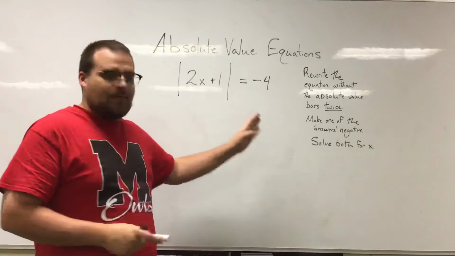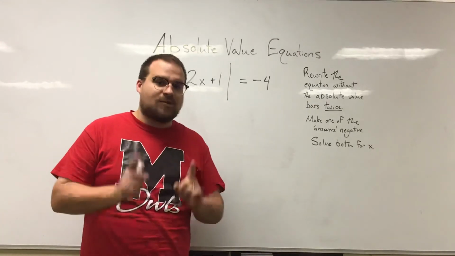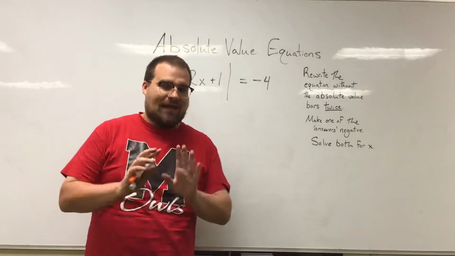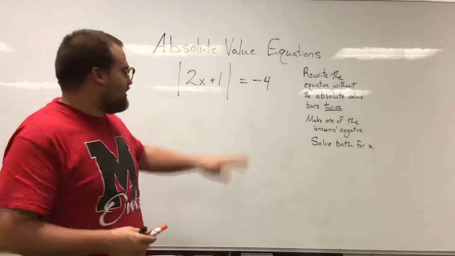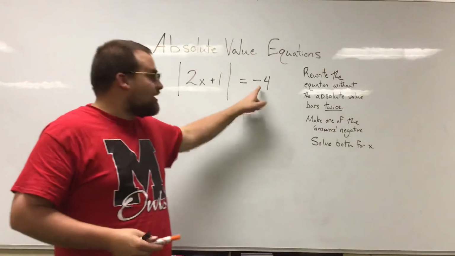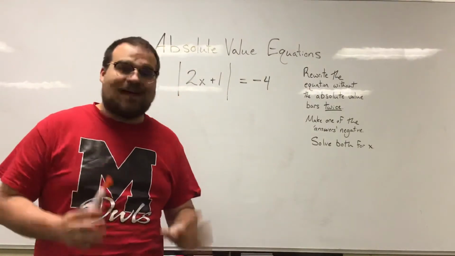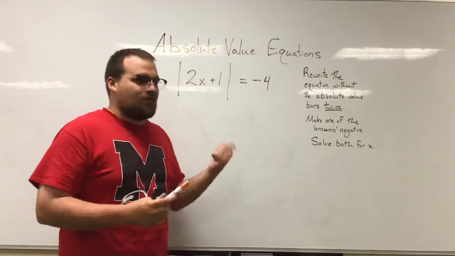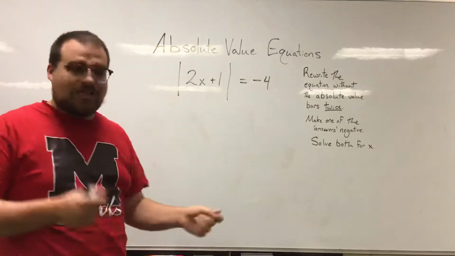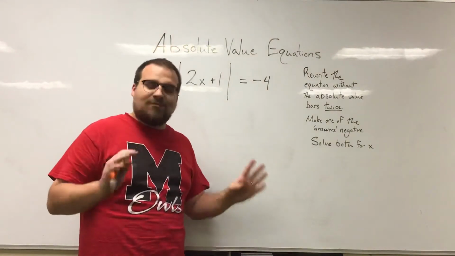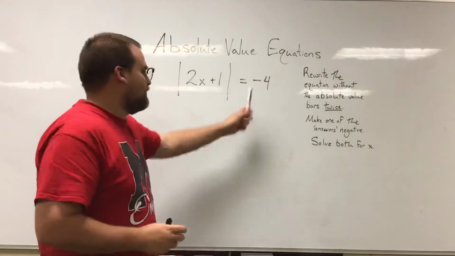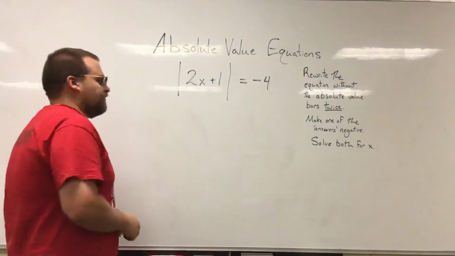What comes out of an absolute value bars must be positive, has to be positive. So by saying something in absolute value bars equals a negative number, no way. That's not how it works, right? So this problem, that doesn't have any solutions. That's not even possible. It's not even reasonable, right? Can't equal a negative number.